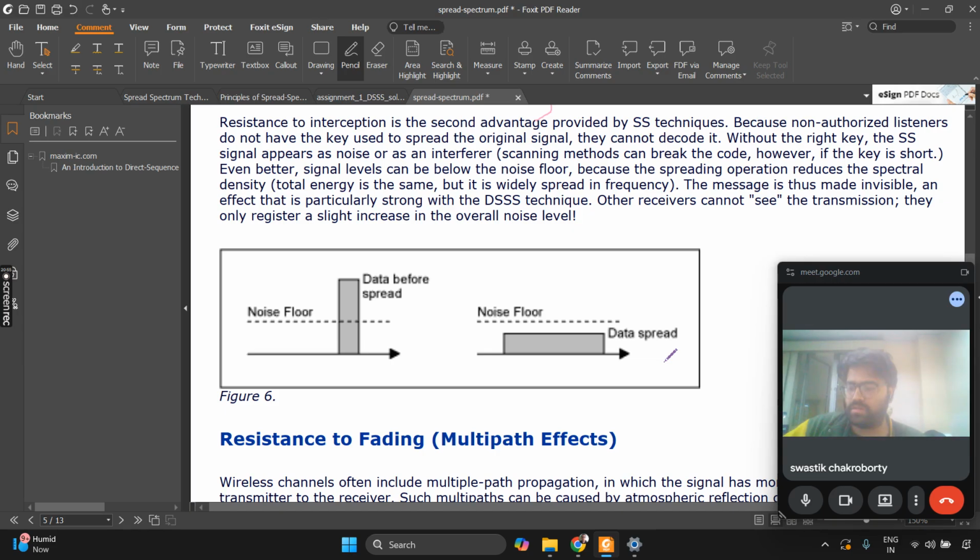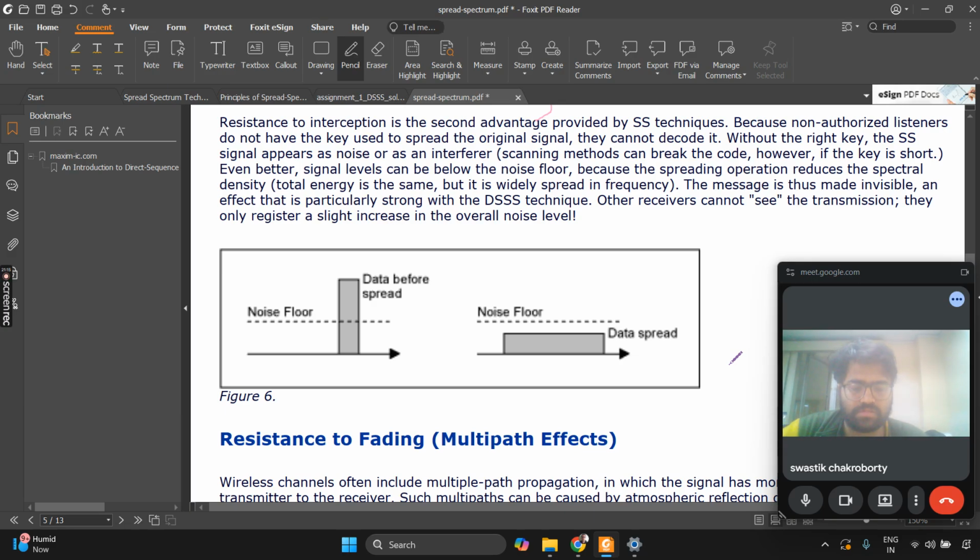So the receiver, that is the eavesdropper, the spread spectrum receiver, the authorized receiver, they know that the signal will come at a low level. So of course their receiver sensitivities will be tuned like that.